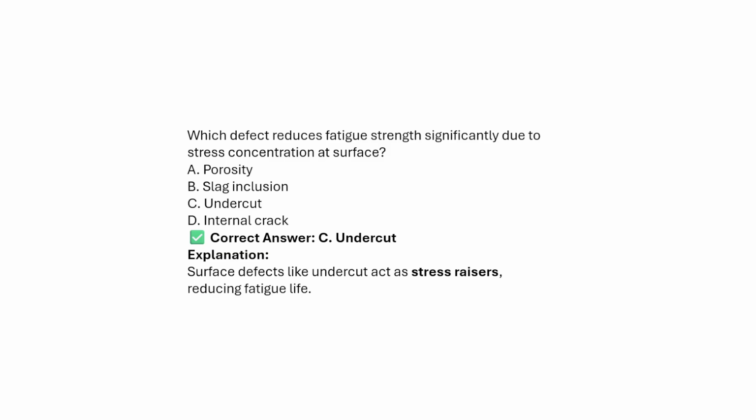It will be the undercut. Fatigue is mainly due to surface conditions. Undercut creates grooves that create stress concentration regions, resulting in fatigue failure. Surface defects like undercut act as stress risers and reduce the fatigue life.